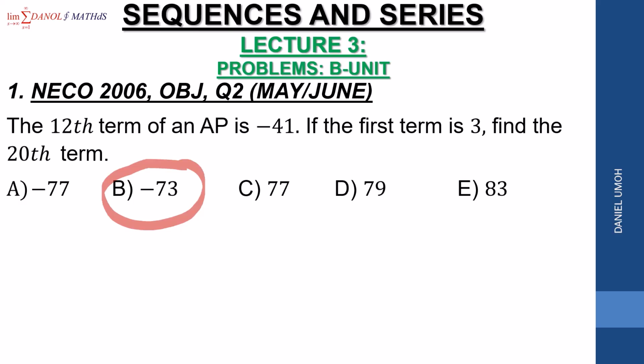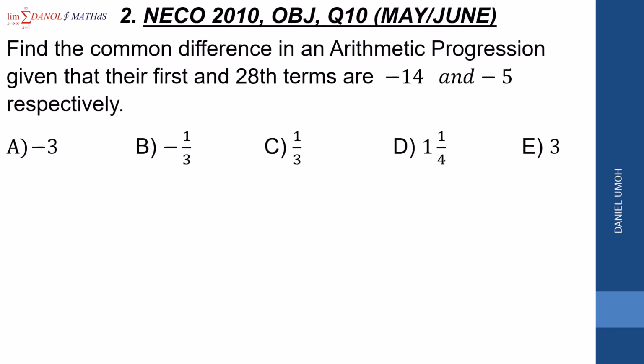The next problem says, find the common difference in an arithmetic progression given that their first and 28th terms are minus 14 and minus 5 respectively. That's a NECO question 2010, objective question 10. Let's tackle this question together.